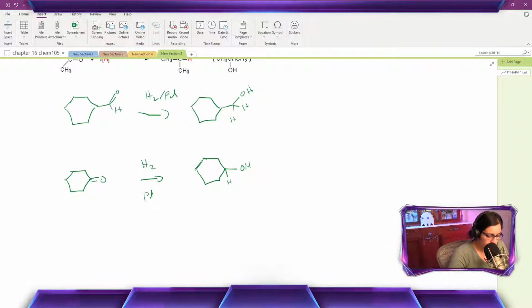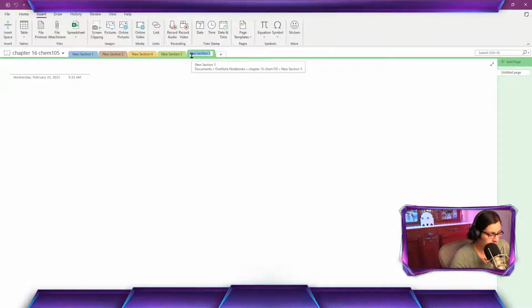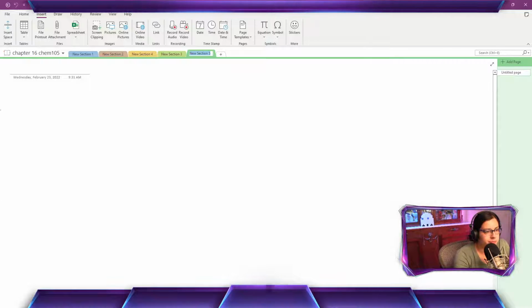Your book has a lot of biological connections. Let's look at the next category, acetal formation. This is important.